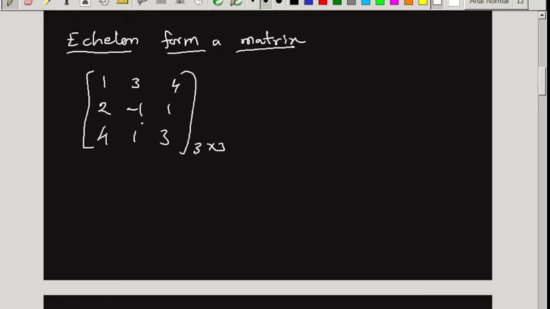After simplifying this one, we may get the form. Okay, this is an example.